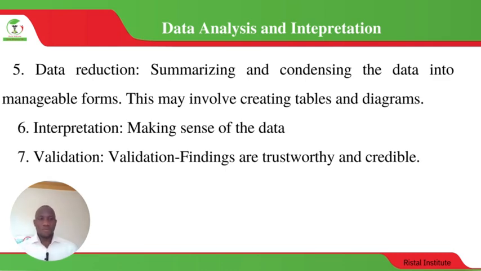So, for example, if you have a theme that is emerging about maybe dishonesty as one of the themes that are emerging from your research, you don't necessarily need to include each and every one that is related to dishonesty from the different participants under that theme. So you start to reduce these ones and pick out the key things that you may think are very, very important that you can actually include in your report.